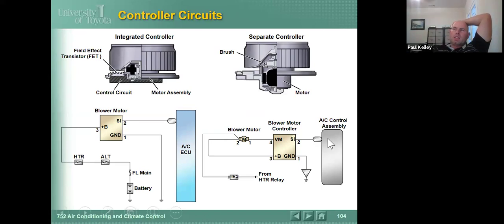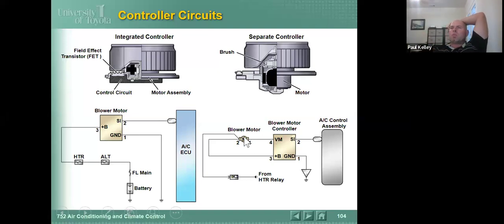So the AC ECU is going to give a little duty cycle, and the duty cycle is going to use a transistor, like a field effect transistor, and the transistor can handle big power, but it has to be basically told what to do. Make sense? So if you're looking at this style, this thing's going to be able to handle big amps. This thing is going to be good for making a signal. And this blower motor controller is going to be good for receiving the signal and then therefore controlling the big amp.